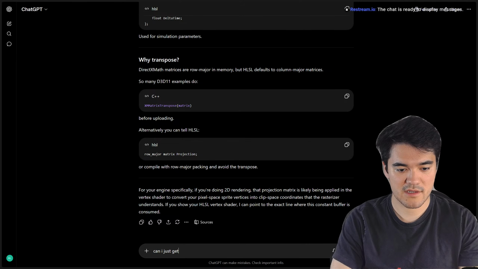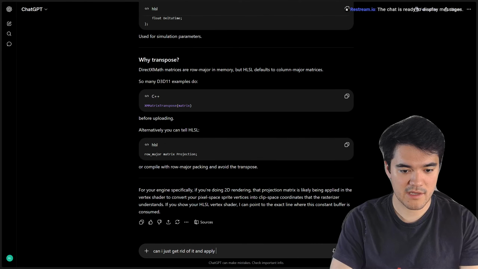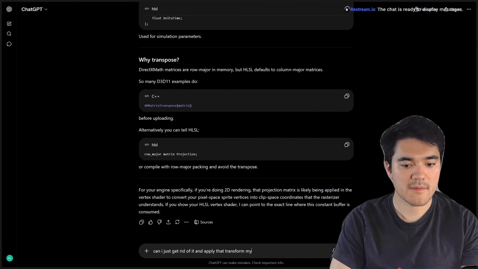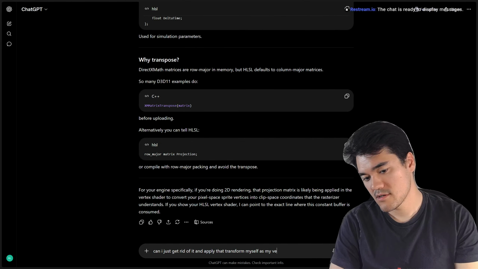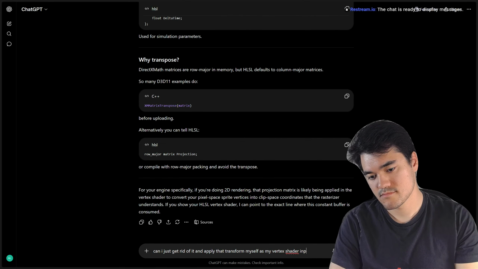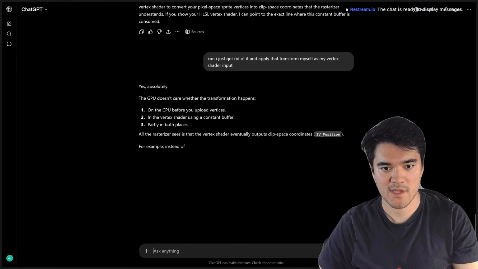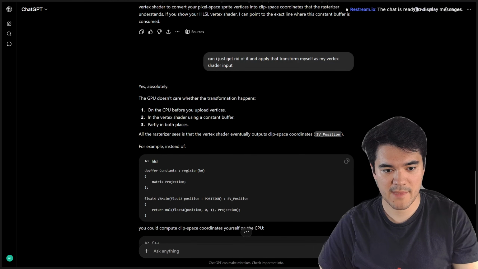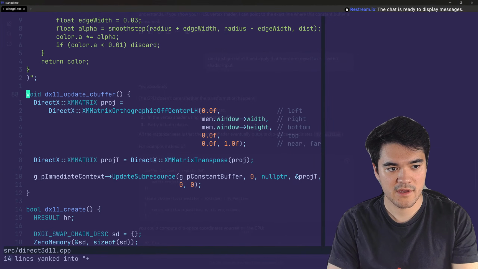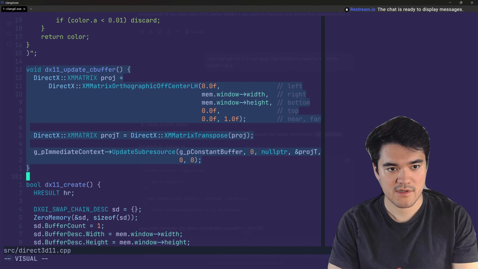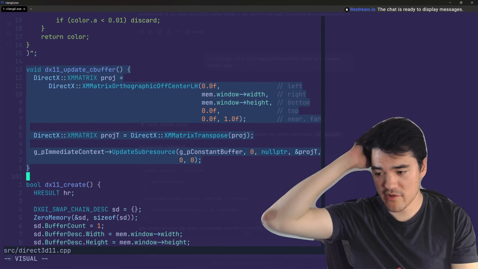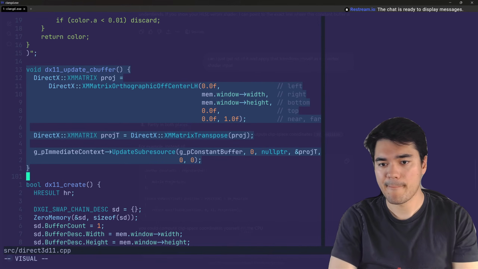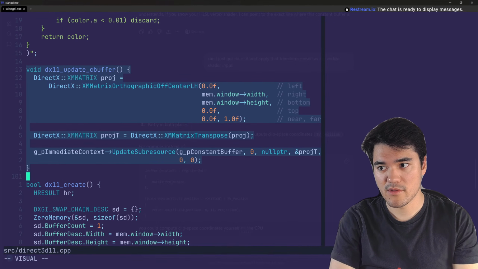Now, if I get rid of it, can I just get rid of it by myself as X? Yeah, so it shouldn't matter. I'm pretty sure. So I'm going to get rid of it because we have something in our part of the graphics code that should be doing an ortho projection matrix, and that will be more portable than this.